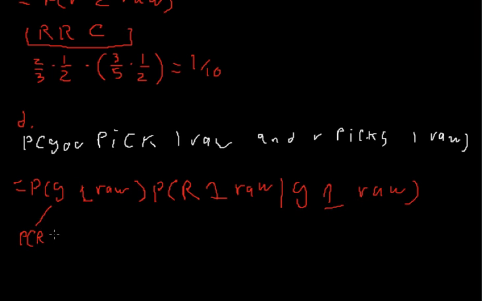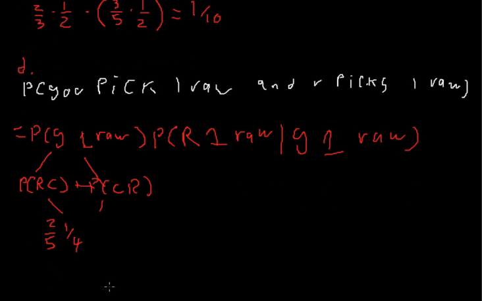So that comes together. And so we have 2/5 times 3/4, plus 3/5 times 2/4, and that gives us 3/5.